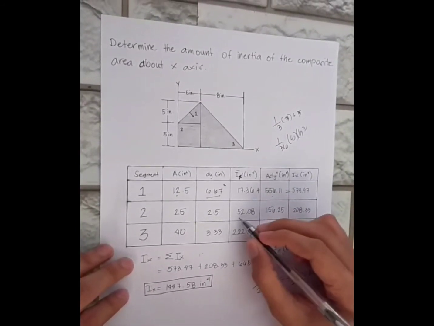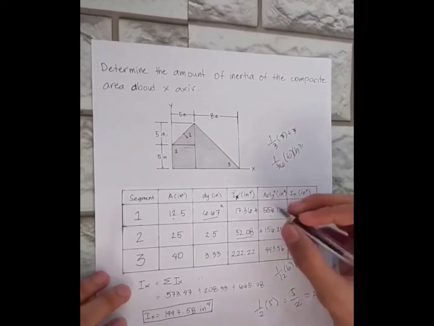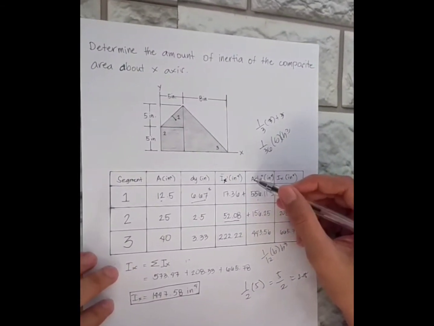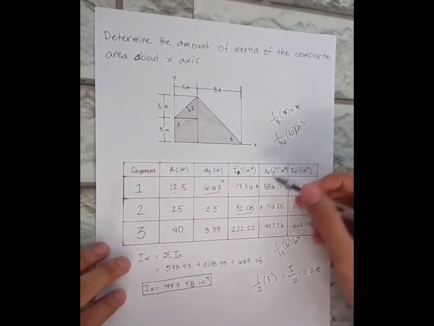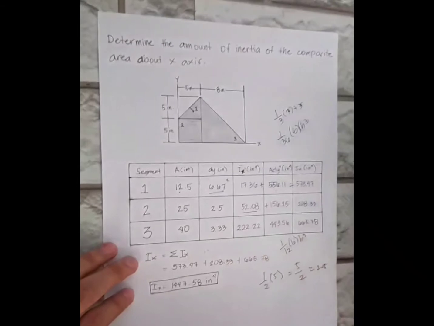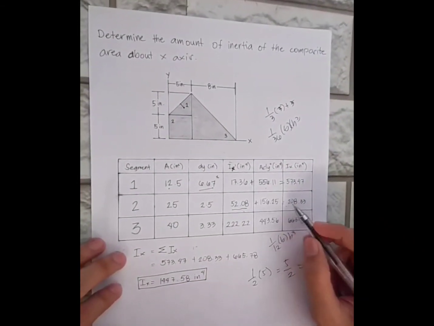So this is the result of this formula, and we simply add the answers. But first we identify the area times dy squared, with the same process: multiply, square the dy, add these two and get the final answer.